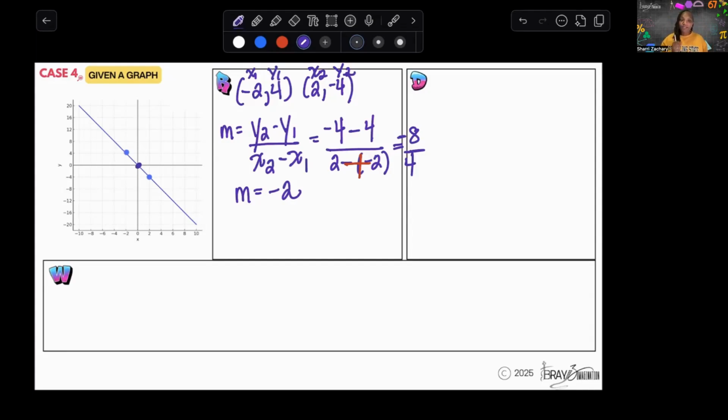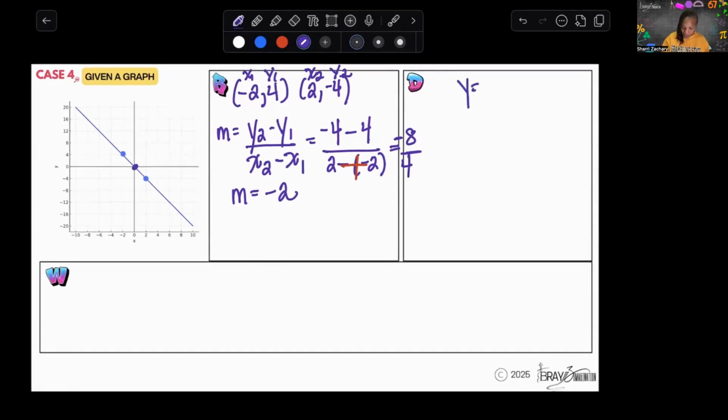Okay, so remember, to check it, I'm going to use the first part of the slope-intercept form of the equation, and one of the points that I already have. So in this case, I'm going to use the first point.